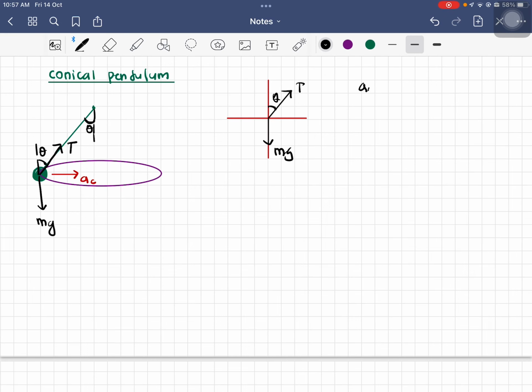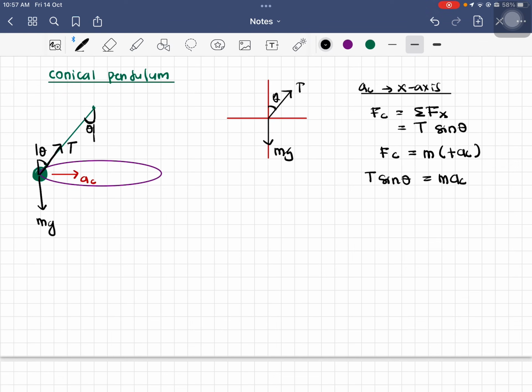Since your AC is in X axis, your FC should be summation of Fx. So summation of Fx kat sini cumalah positive T sin theta. Showing that your FC equal to M. Your A is positive sebab A ke kanan. Your T here is only T sin theta equal to MAC.